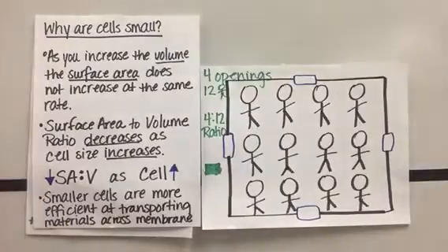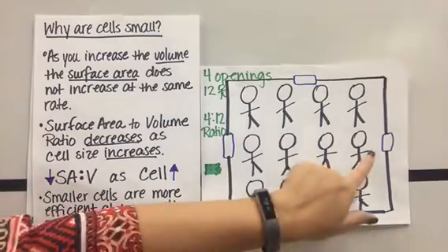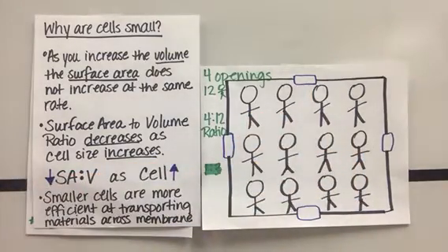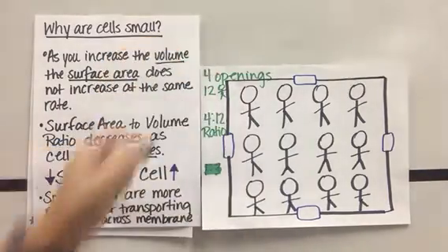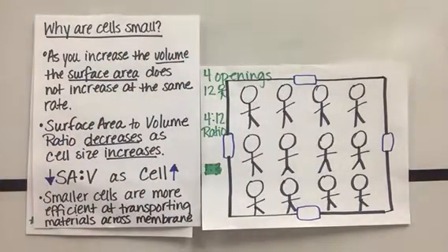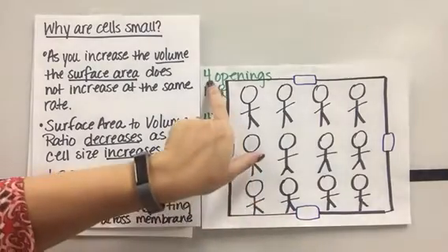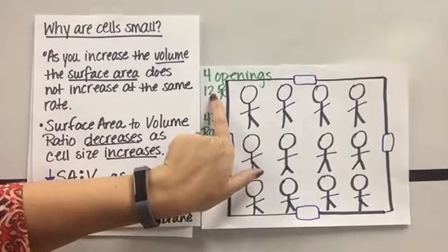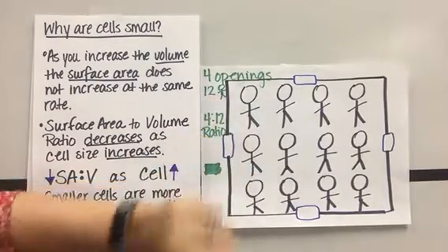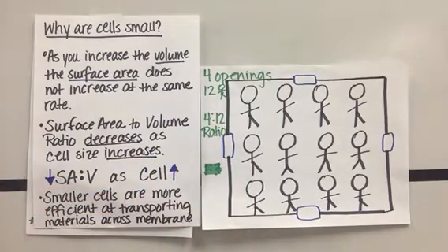We're going to increase our box even larger, and now we still have the same number of trash cans because we really did not increase the surface area that much, but we did increase the volume by a lot. And so now we have 4 openings, but we have jumped up to 12 people. So our ratio is 4-to-12 for this.